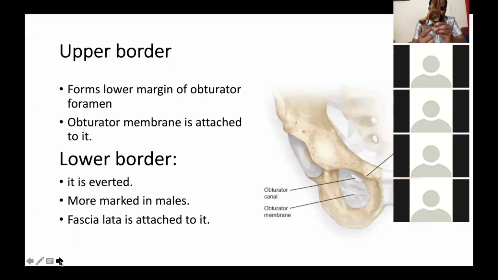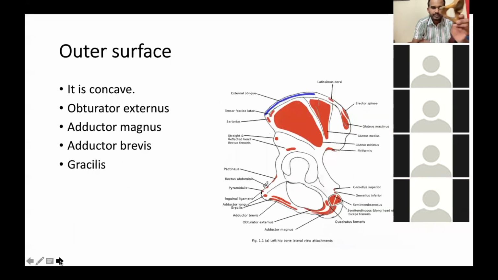Coming to the outer surface. The outer surface of the ramus of the ischium is concave, and this gives attachment to the muscles like obturator externus, adductor magnus, adductor brevis, and gracilis.